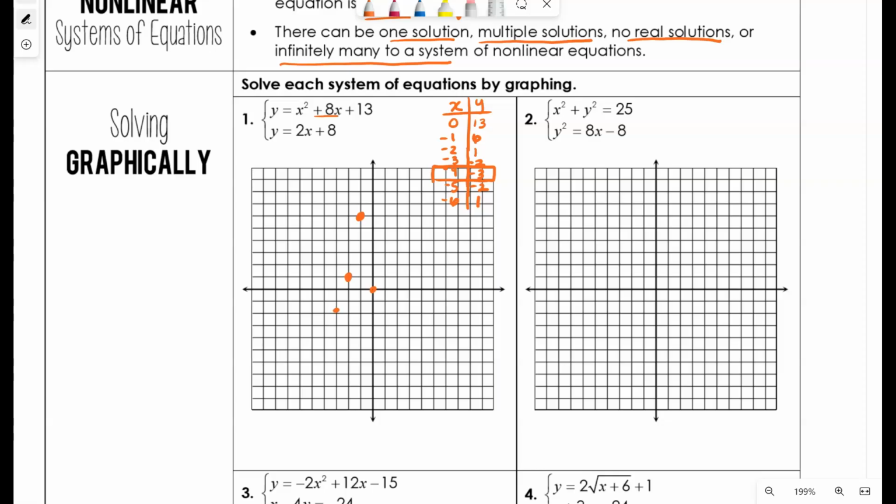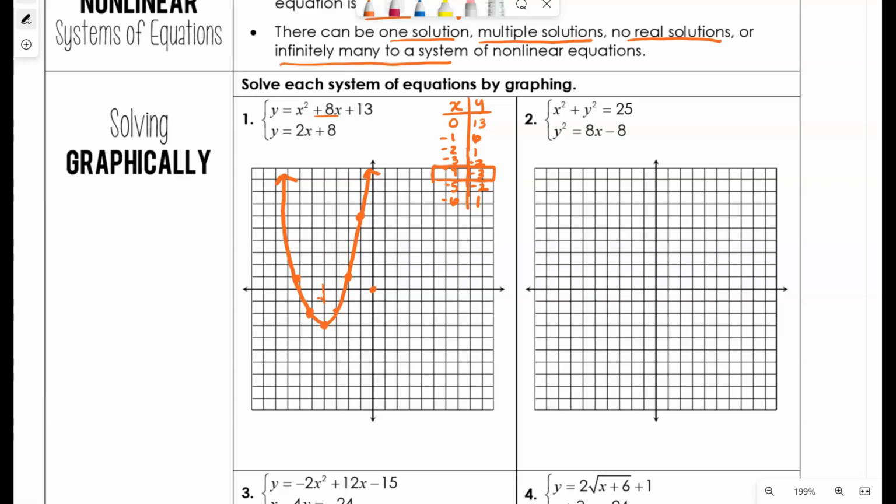And at -4, I'm at -3. Let me go ahead and plug these back in. -5, -6. Okay. And so this is going to look like this as it curves upward. Okay, so there's our problem.